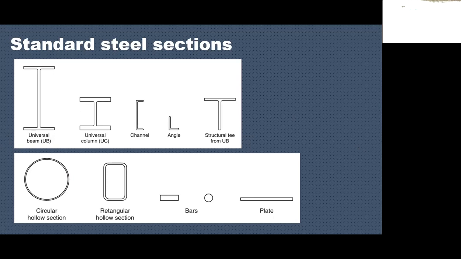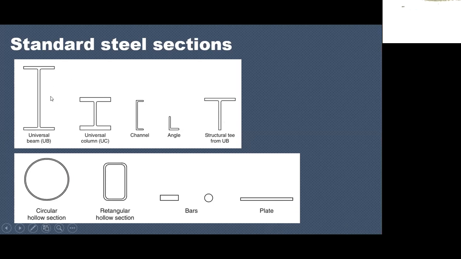Then there is something called universal column, that is UC or UKC. Then you have channel sections, angles, structural T from universal beams, hollow circular sections, rectangular hollow sections, solid bars, and plates. Sometimes plates are used to fabricate beams and columns as well.